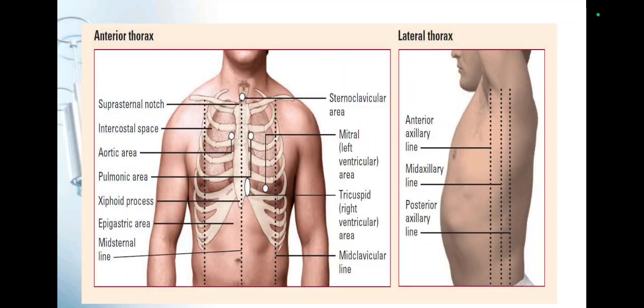These are the specific areas that you need to take note of, especially because these are the correct areas wherein you will auscultate for any vascular sounds and heart sounds. So again, we have your sternoclavicular area, we have your aortic area, we have your mitral area, and we have your tricuspid area.